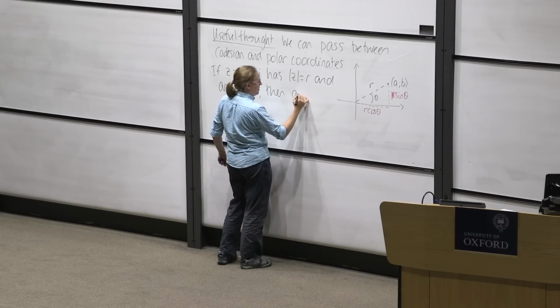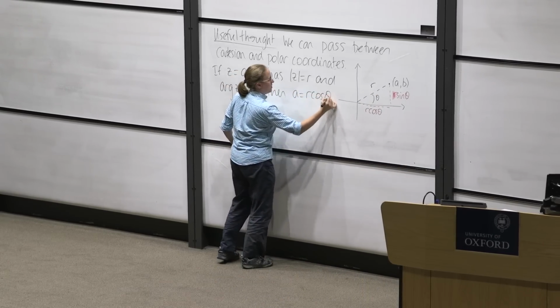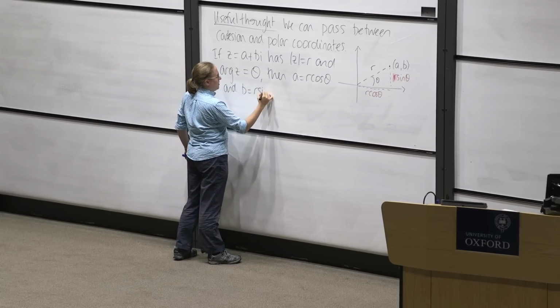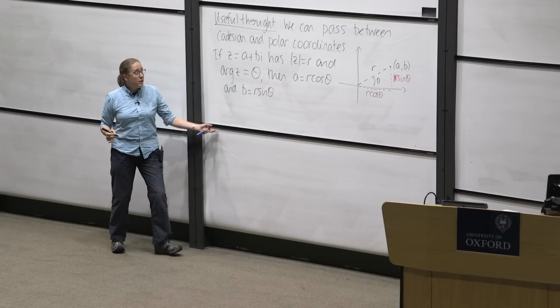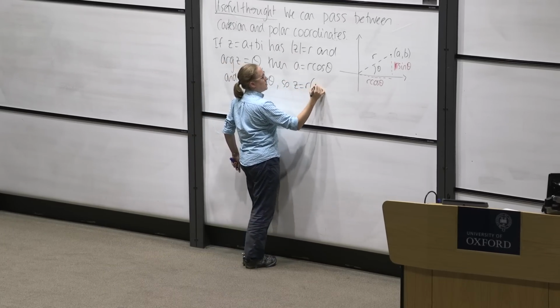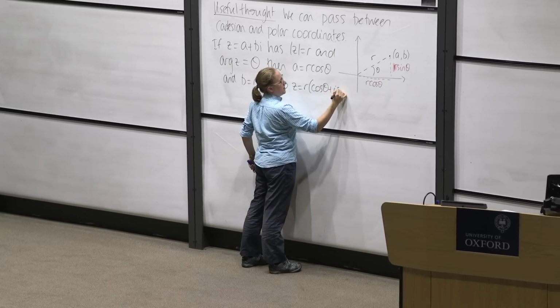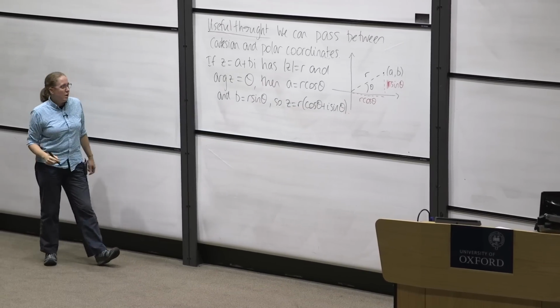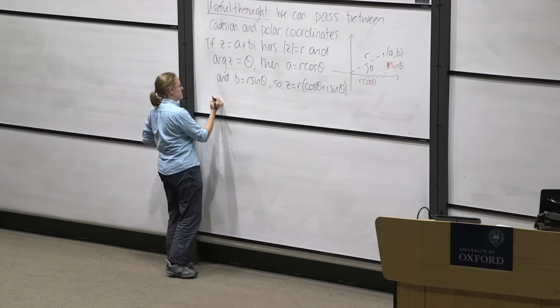So a is r cos theta, and b is r sine theta. So one way of thinking about z then is to think of it as being r times (cos theta plus i sine theta), which is a representation that we find coming up in various contexts.